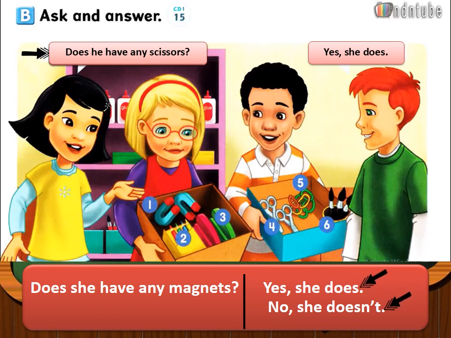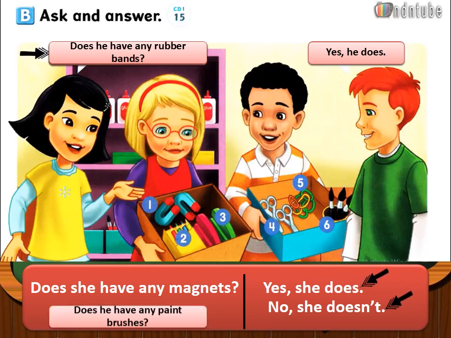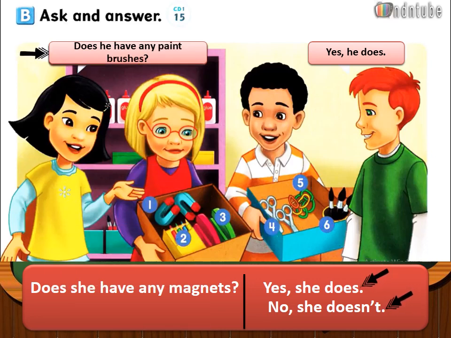So we will not use he because the boy is now holding the box. Yes, he does. Next, does he have any rubber bands? Yes, he does. Does he have any paintbrushes?